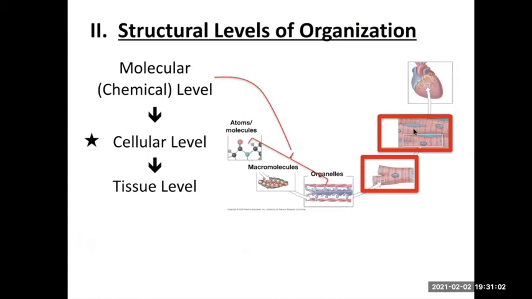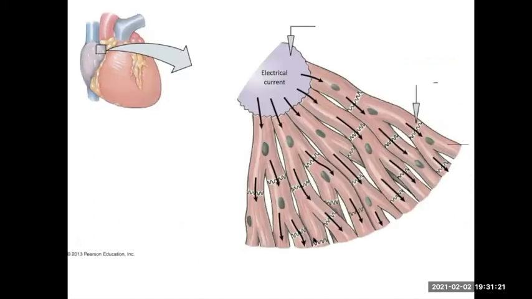So from tissue, in this case cardiac muscle cells combining to form cardiac muscle tissue, they're going to join with other tissues to form the actual organ, in this case, the heart, right? So the heart is a pretty obvious organ, right?